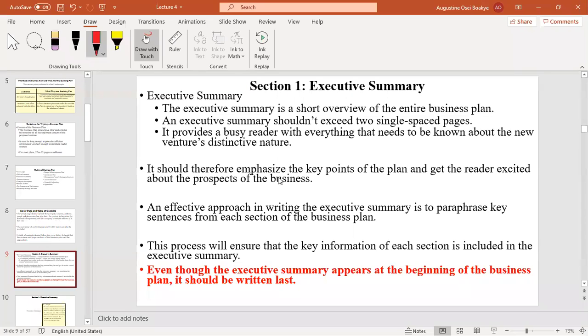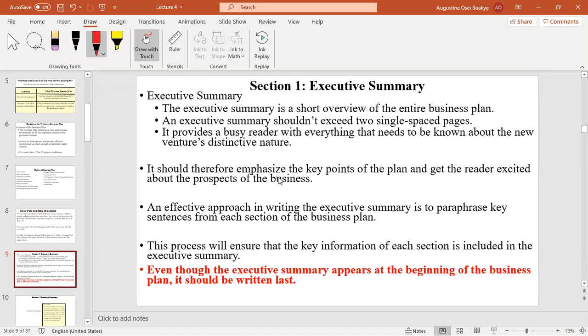Now, even though it is the first section of the business plan, it is actually the last part that is written. I'm repeating. Even though the executive summary is the first section that your targeted audience will read when they start perusing the document, it is actually the last item that gets written. And the reason is simple.